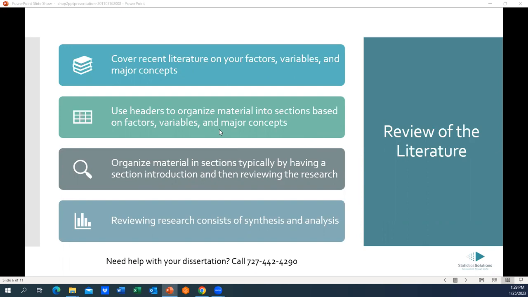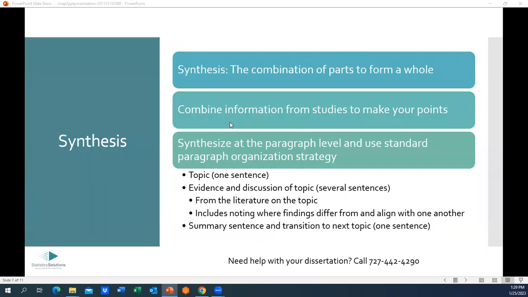Okay, so reviewing research consists of synthesis and analysis. So what do we mean when we're reviewing these articles that we pulled? What does that mean? It involves a couple of things. Synthesis, right? That just means putting more than one thing together to form a whole. So what you're going to do is combine information from the studies to make your points.